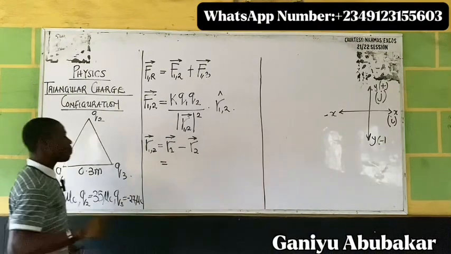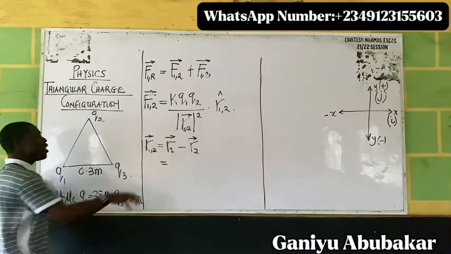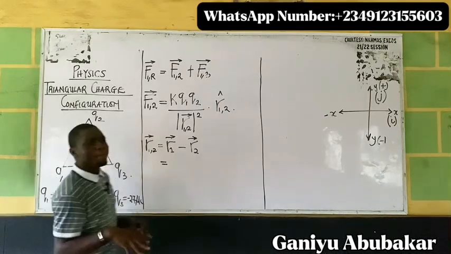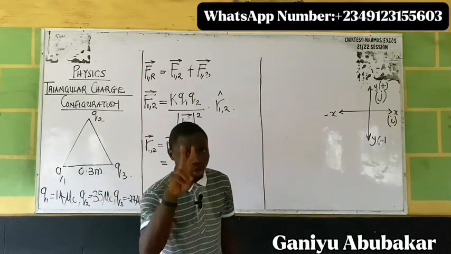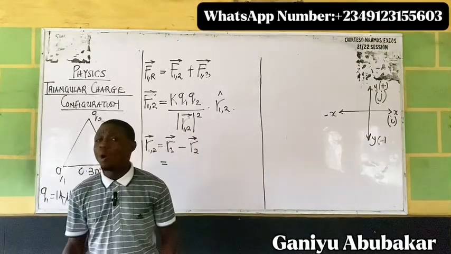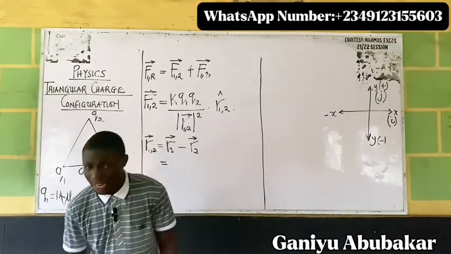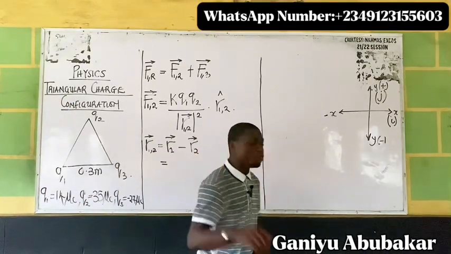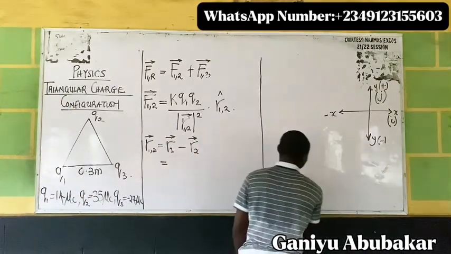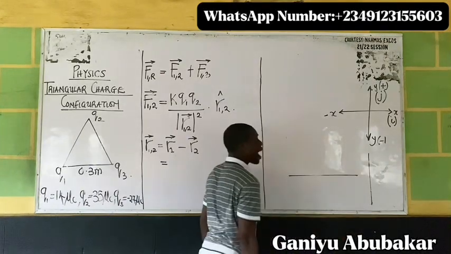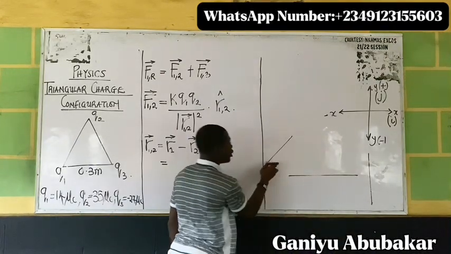Look up. When it comes to this concept of vectors, normally I'm moving in two directions, either perfectly horizontal or perfectly vertical. I can't move in an inclined way. I can't move this way, it is wrong.